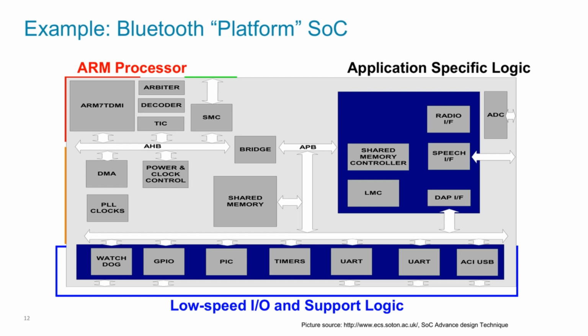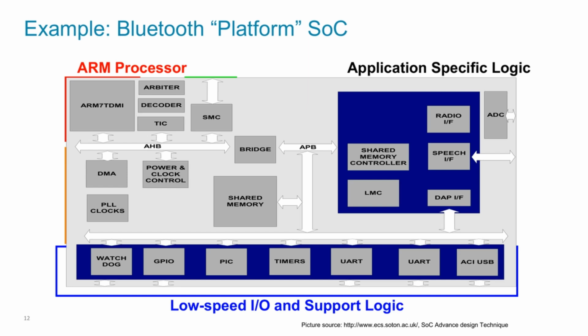Next, we have the application-specific logic, highlighted in the dark blue area on the right. This is what makes this SoC a Bluetooth SoC. These hardware blocks are not general purpose. They are custom designed specifically for handling Bluetooth tasks. You can see a radio I/F interface, which is the hardware that actually communicates with the outside world using radio waves.